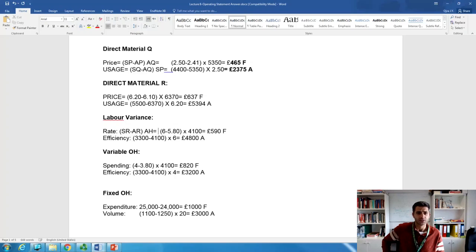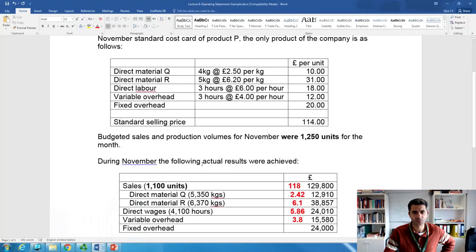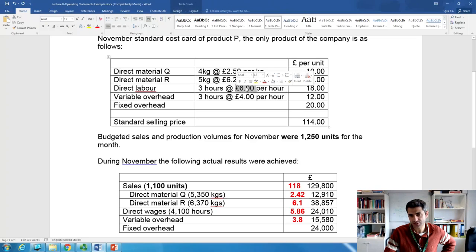As you see, it's the same formula as the material price variance, but instead of P, R, and instead of Q, H. If you apply it, you will see that the standard rate is £6. Why £6? Let's have a look. Yeah, can you see it's £6, the standard rate per labor hour. £6 minus the actual rate for labor.